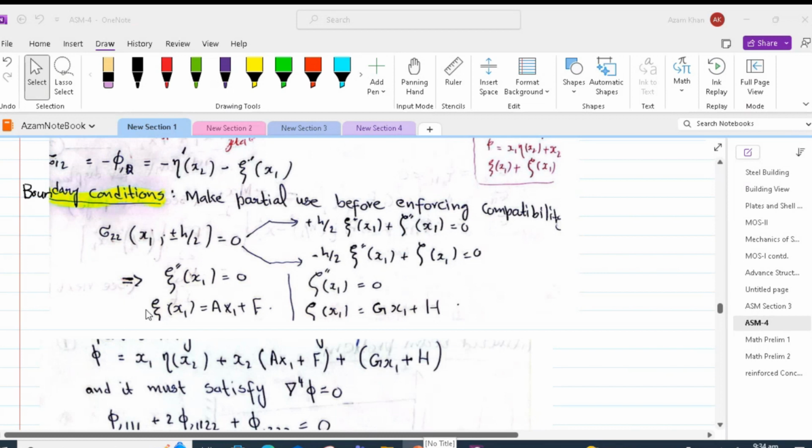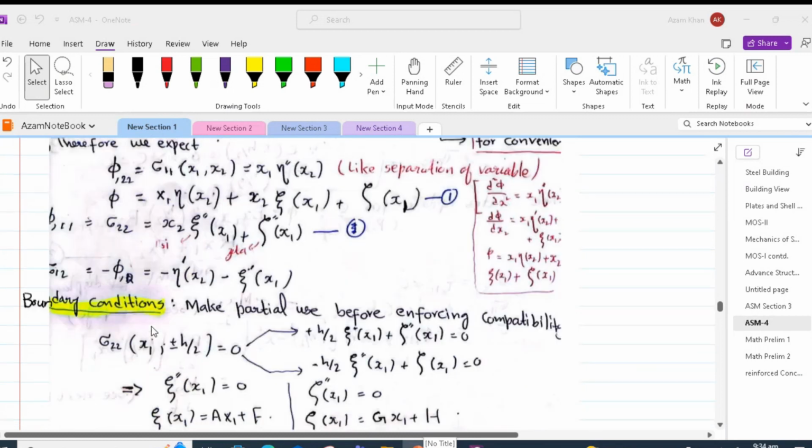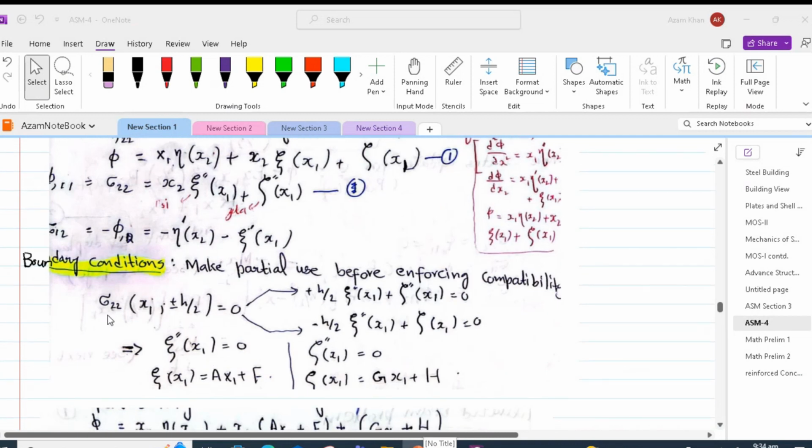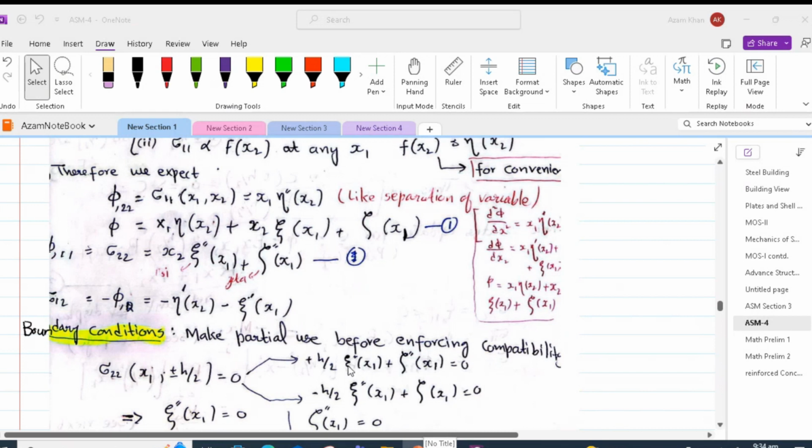Now let us apply some boundary conditions to determine these functions. We know that sigma 22 at x1 and plus minus h by 2 would be equal to: plus h by 2 psi double prime x1 plus zeta double prime x1 equal to 0, and minus h by 2 psi double prime x1 plus zeta double prime x1 equal to 0.